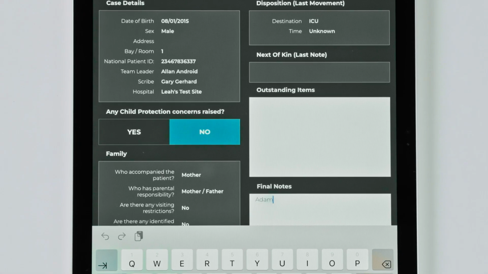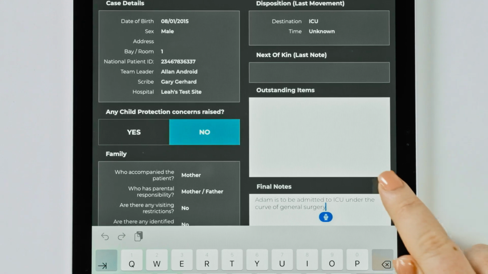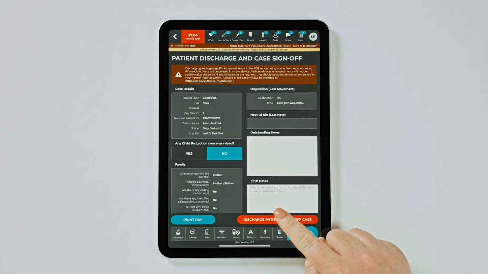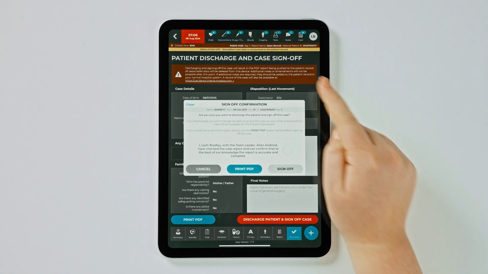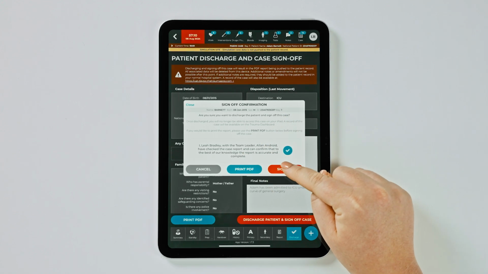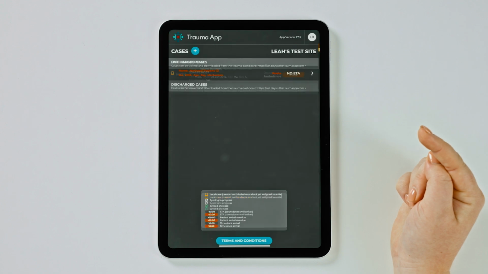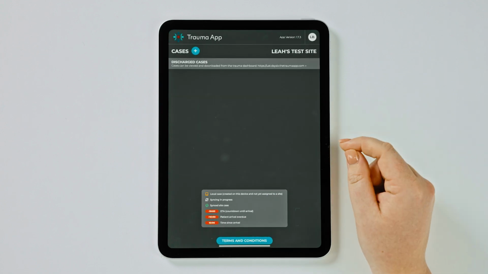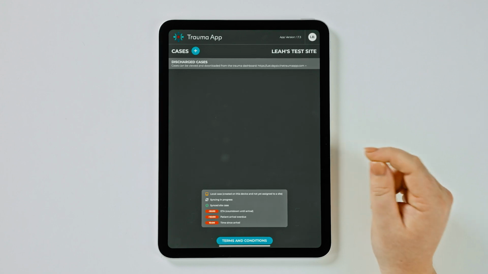Adam has been admitted to ICU under the care of general surgery. Once this has been completed, the ED consultant will discharge the case. They will read the sign-off confirmation and continue to press sign off. And Adam's case has now been discharged and uploaded into his electronic patient record or printed off.